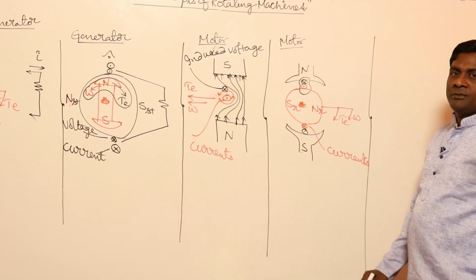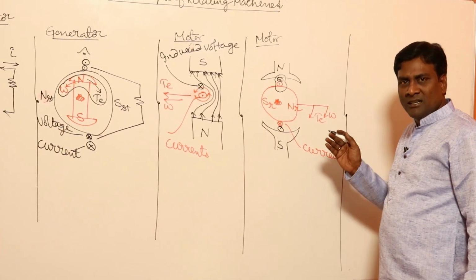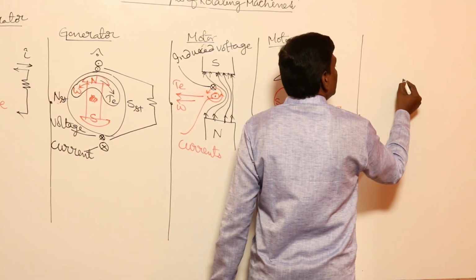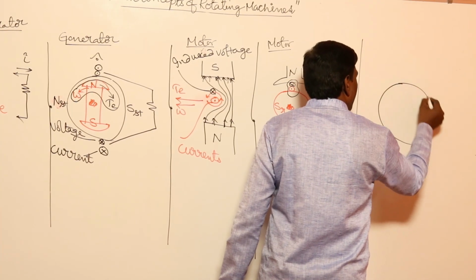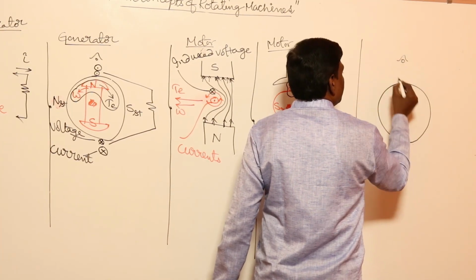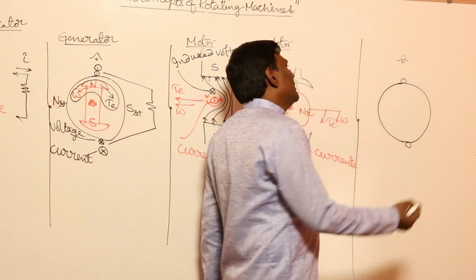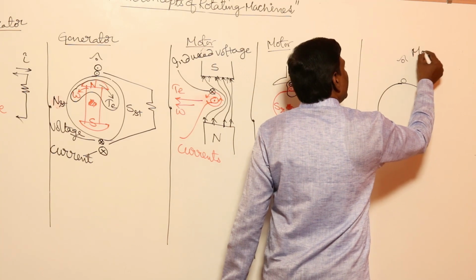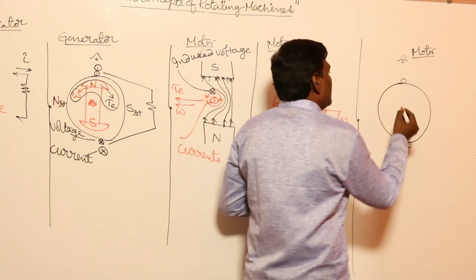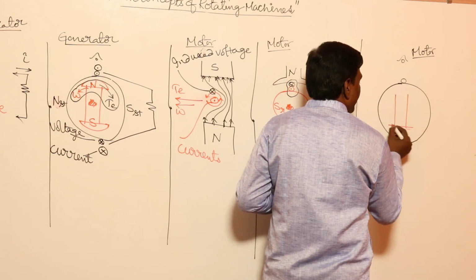Now let us think of stationary armature conductors and a rotating field. This is the stator. In the stator, let me have two conductors, and let me consider it as a motor again. In a motor, for example, my rotating part is having the field.